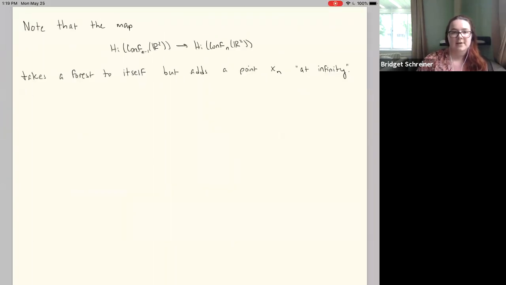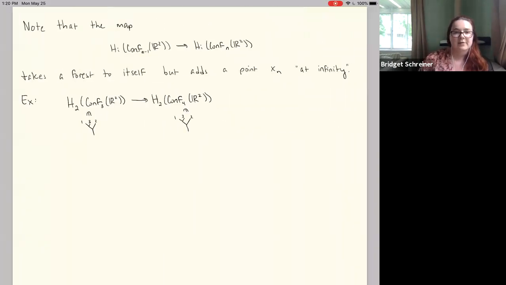So we can now see what this map is doing on homology in addition to on the configuration spaces. Specifically, it's just taking a forest in Hi of configurations of n minus 1 points, basically to itself, and then adding a point xn at infinity, if we think about that picture with the planetary system.